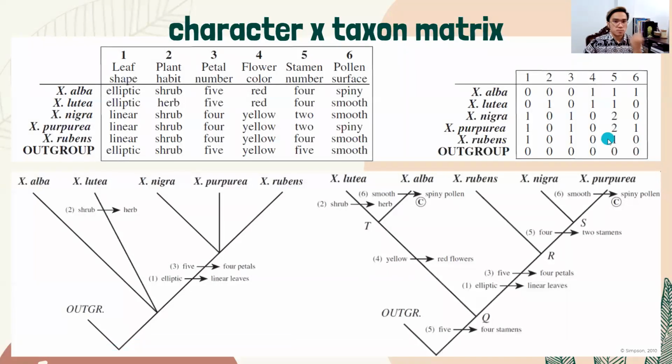Okay, so here is a clearer, more specific example of how we build a matrix out of the taxa, the characters and the character states. For example, in here we have 5 OTUs.